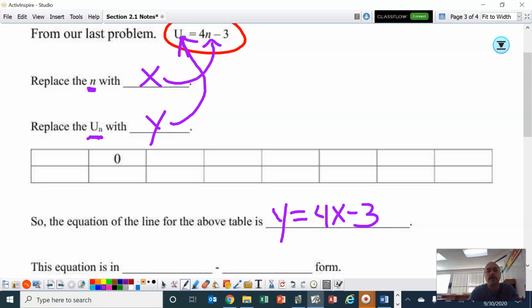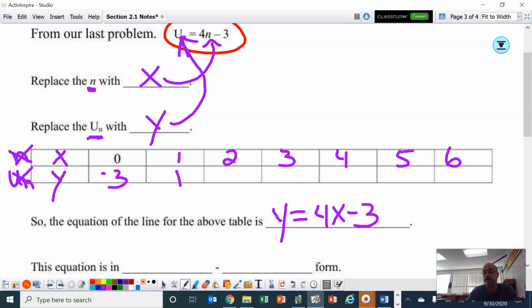Now, the table, this would be your x value, and this would be your y value. So instead of this being an n and this being u sub n, it's now x and y. And then the table would be the exact same table that we just looked at. So this would be -3. I believe this was 1, and then this was 5, and then 9, 13, 17, 21.